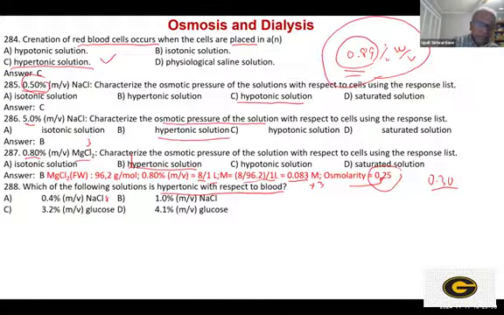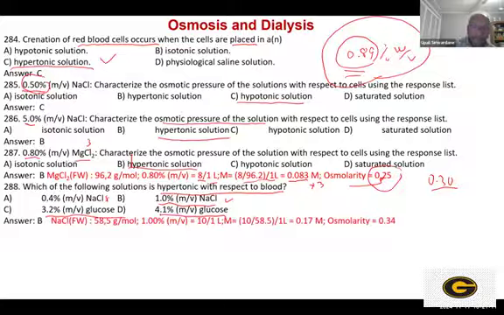This is hypertonic for sure. It's more than 0.89. That could be the answer. So to make sure that you understand, you are given a hypertonic solution, you can go there and get the answer, which only one of them is correct.